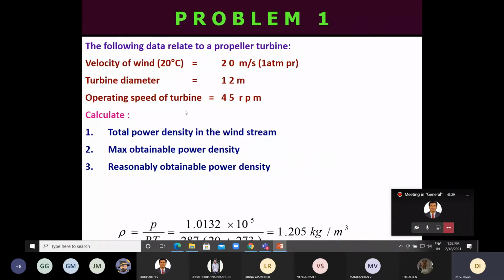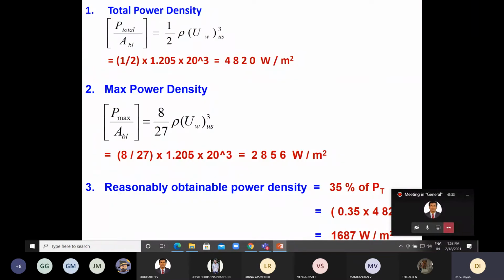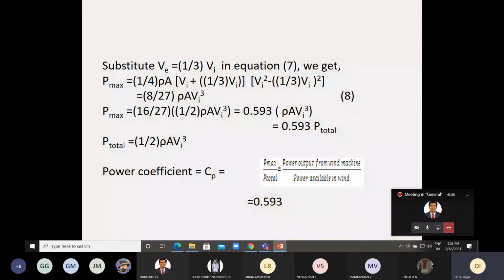And second thing, we are going to calculate the maximum obtainable power density. The formula for maximum power density, at the end of the derivation, they have given P max, that is equal to 8 by 27 rho A V cube.